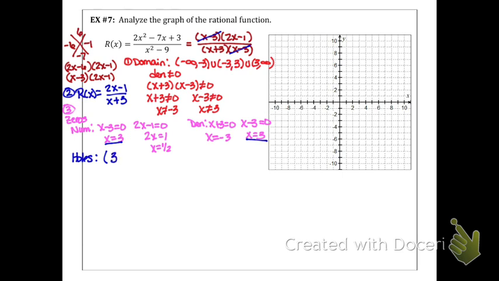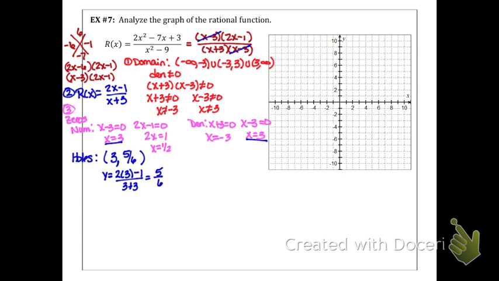So that's going to be our hole at 3 comma some number. And we just plug that into our simplified rational function, 2x minus 1 over x plus 3, and we got 5 over 6. So there's the ordered pair of our hole.